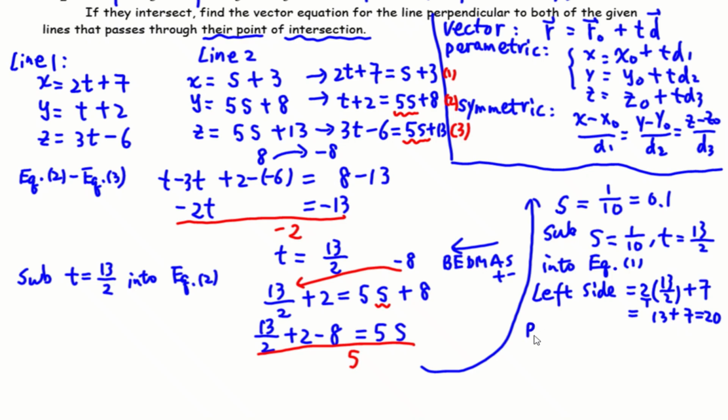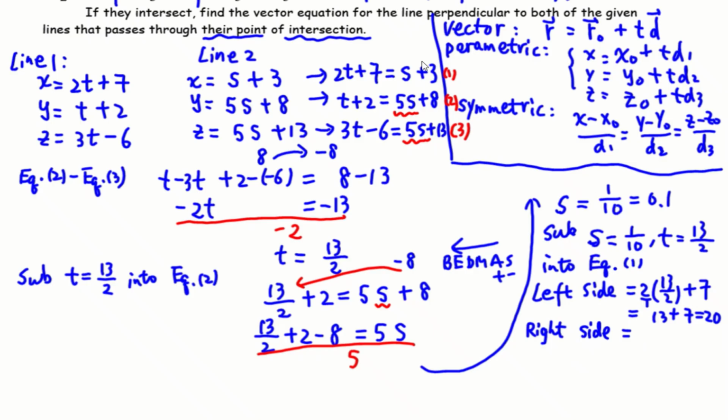The right side, we double check it. If equal, it means this is our solution, and we will have a point of intersection. If not equal, it means we don't have a solution from these three equations. Then no solution means no point of intersection.